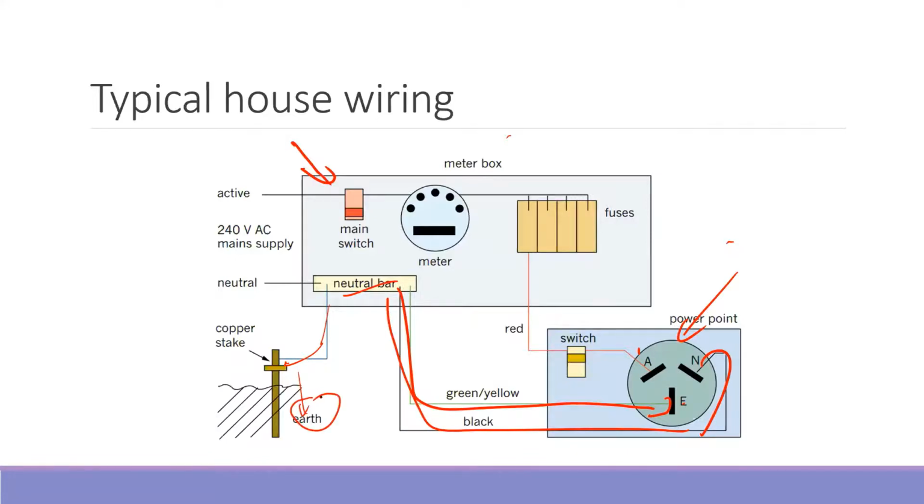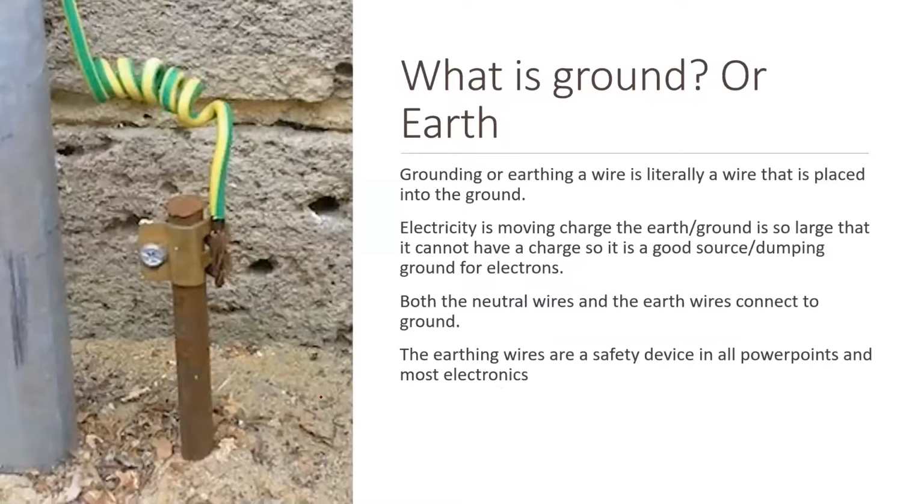Now, when I say that stake goes into the ground, I'm not trying to make you think, oh, whatever, it goes straight into the ground. Obviously not literally. No, I mean literally. It goes into the ground. Grounding or earthing a wire is literally a wire that is placed into the ground.